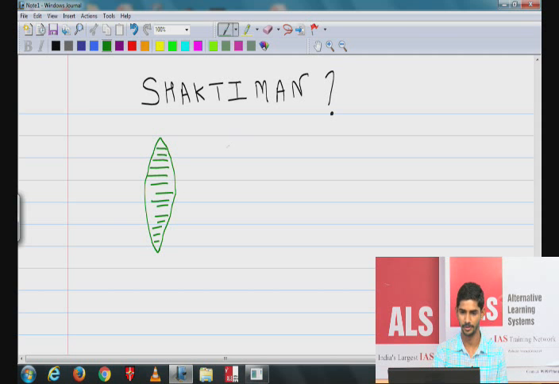Actually, he looks like this. He flies like this. And after the rotation, see, he rotates in this manner. After the rotation, he becomes like this. Is it true? New theory.